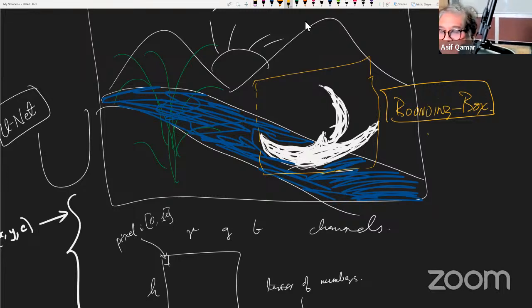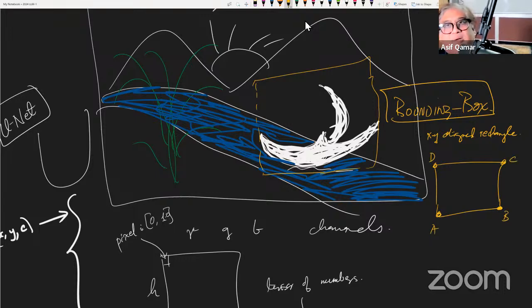The bounding box is basically an XY-aligned rectangle. Now, given an XY-aligned rectangle, you can identify it by all four corners. If I give you the value of all four corners, you can tell where the box is. Are we together? Suppose I give you the coordinates of A, B, C, D. But if they are XY-aligned, is there a redundancy of information here?